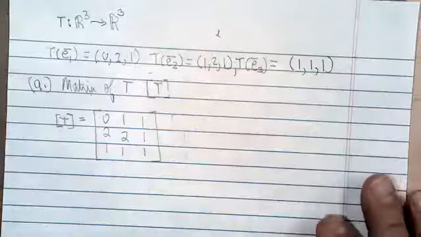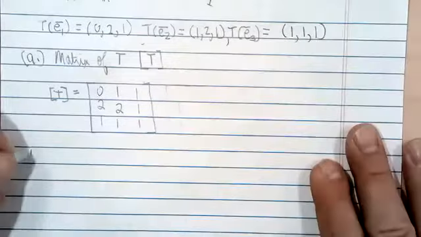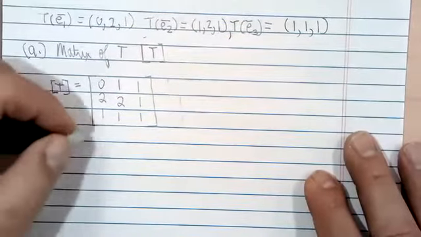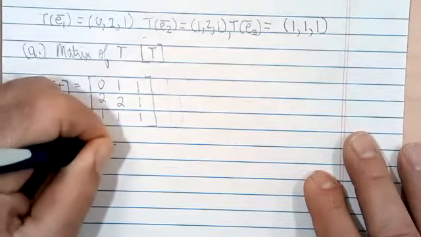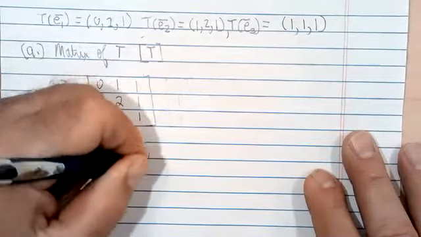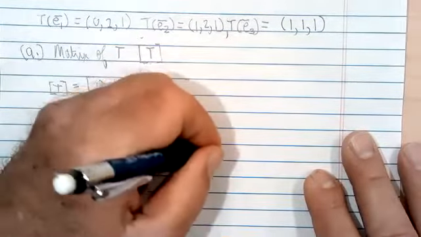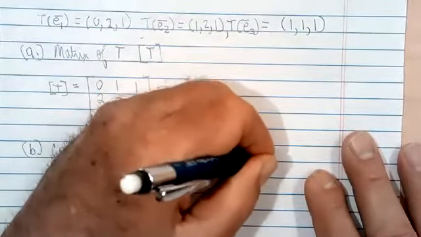Yep, that makes sense. Okay, now let's go to part B. That was part A, find the matrix of the linear transformation. Part B says this: compute T of 2, 3, 4 and T of minus 6, 0, 3.